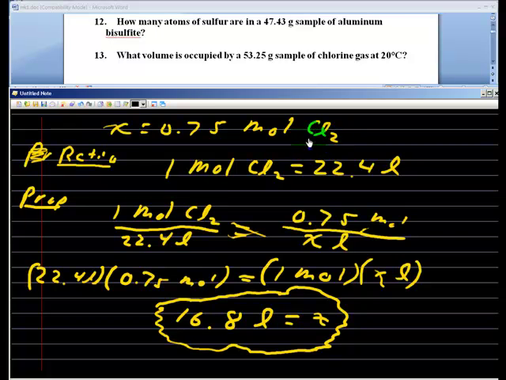I know 1 mole occupies 22.4 liters, but this is less than 1 mole. So you would assume that the number of liters would be less than 22.4. And it is. So this is a reasonable answer to the calculation.